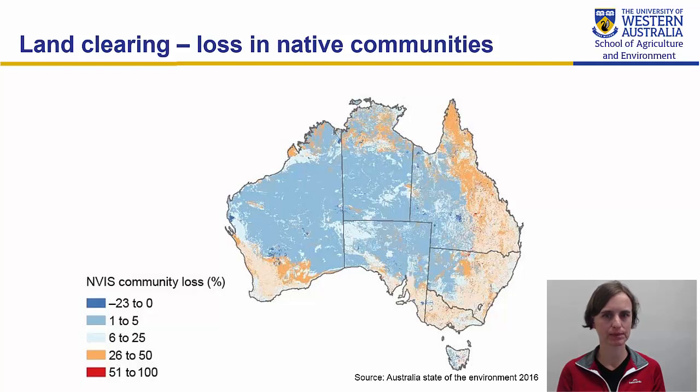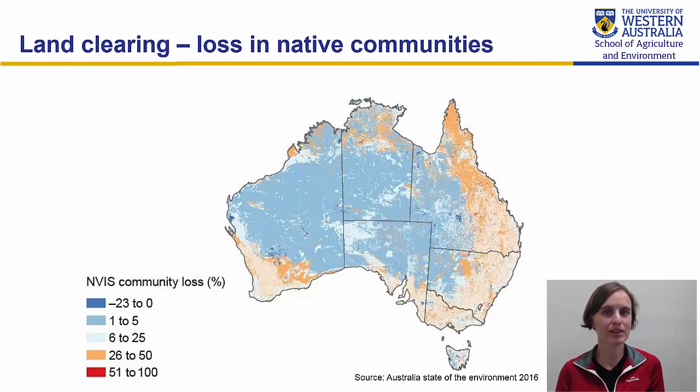This next map shows again a proportion, and in this case a loss in native communities. So what does a negative number mean here? A negative loss, is that a positive thing or a negative thing? It's a positive thing. A negative loss means a gain.